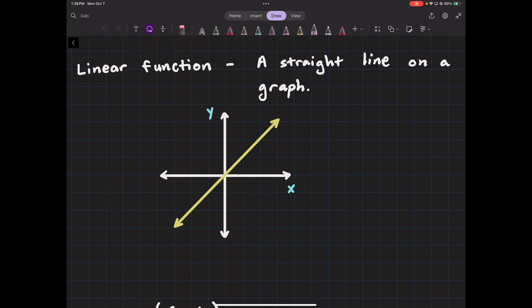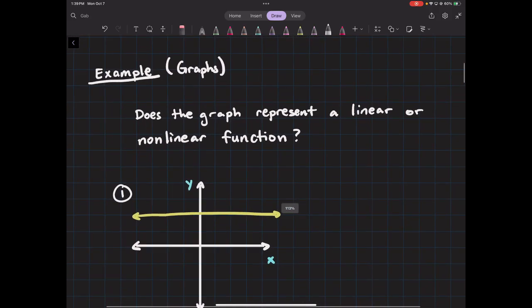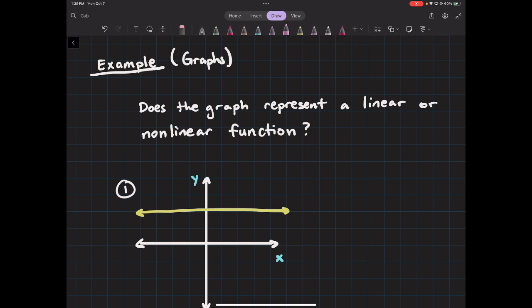All right, you guys ready for this? Okay, so linear function, graphic wise, looks like a straight line. It doesn't matter how long or short it is or which direction it goes, as long as it's straight, it is a linear function, because it's a straight line and it has the word line in it. Next, I don't need you to copy down any directions like this.